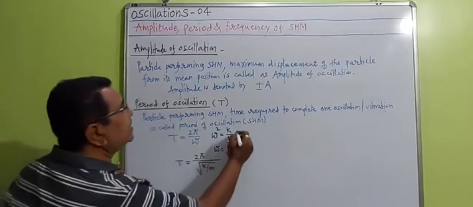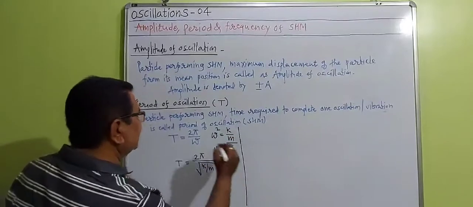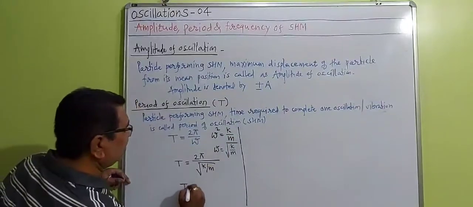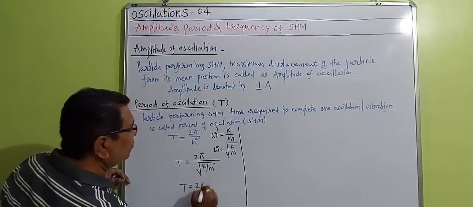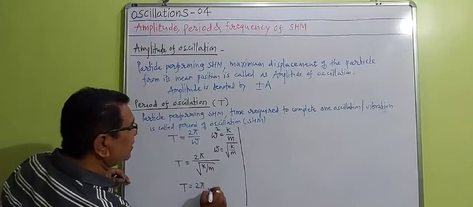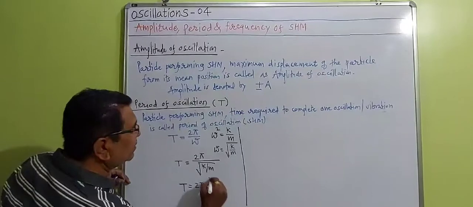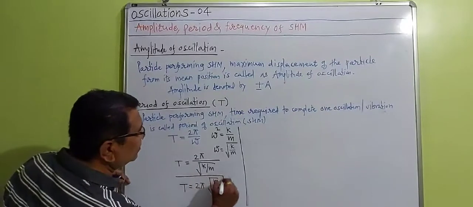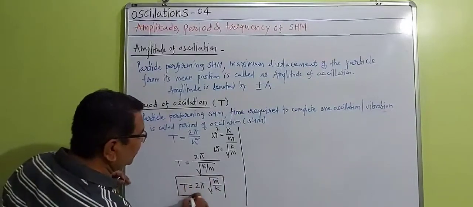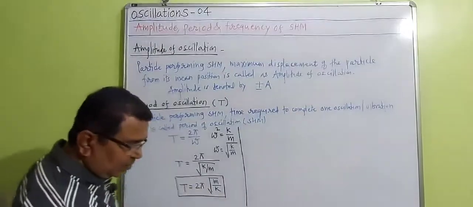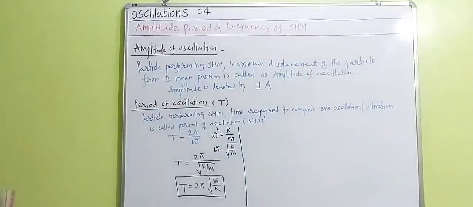Then this may be written as capital T is equal to 2 pi square root of m upon k. This is one of the important formulas of period. How is the other formula derived?